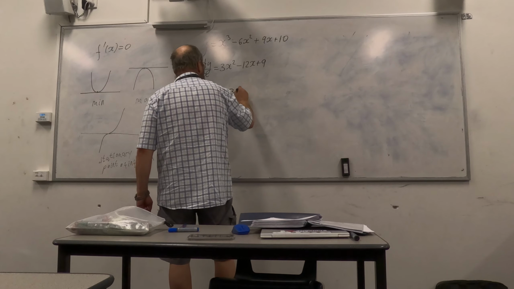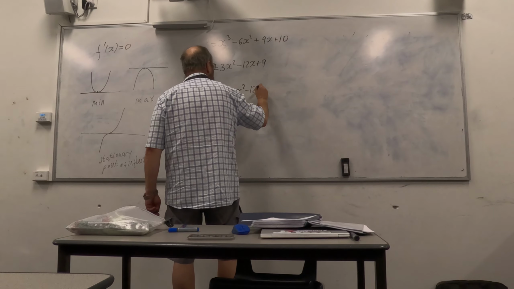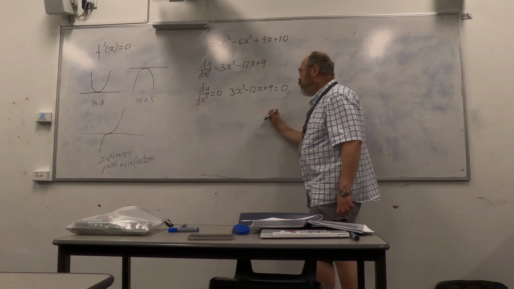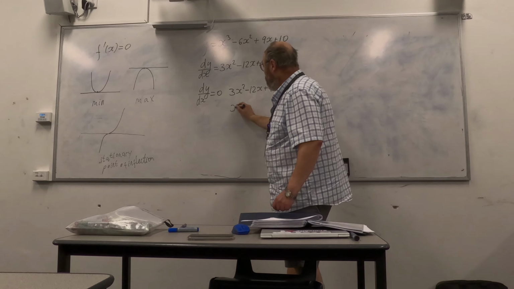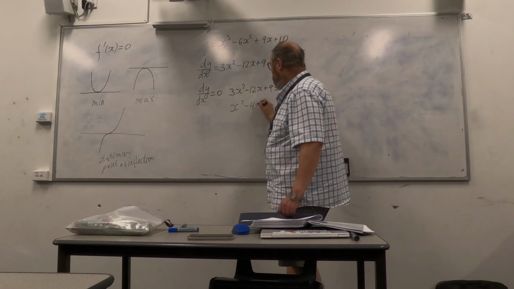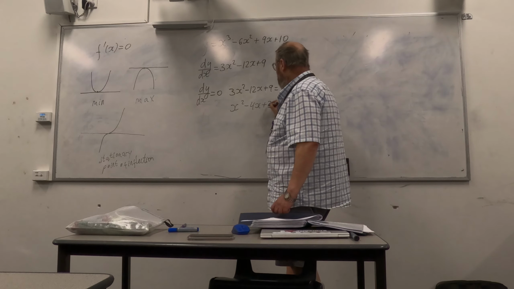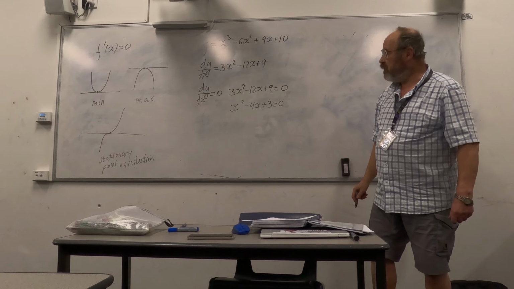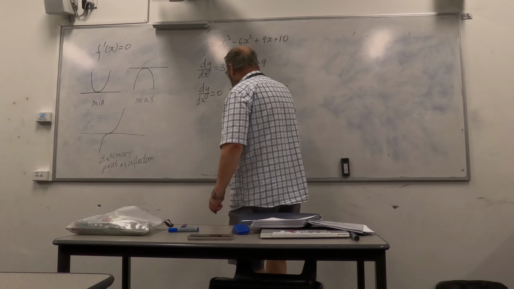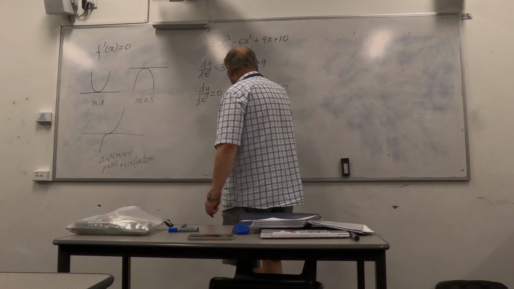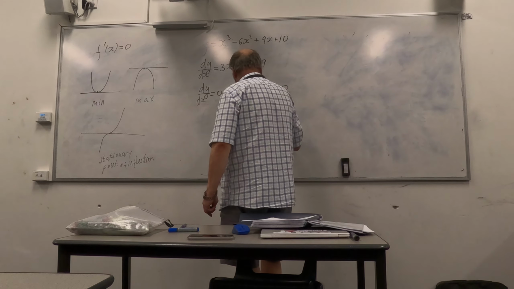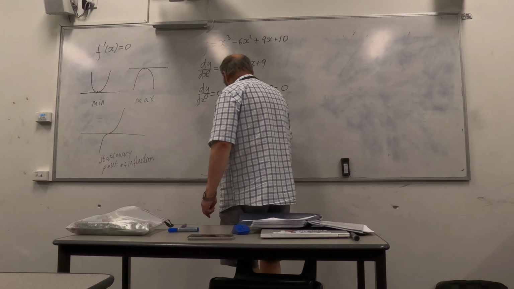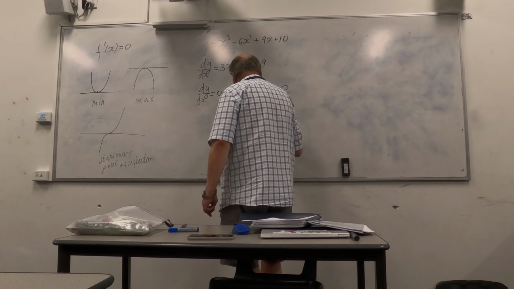We divide both sides by 3 to simplify: x squared minus 4x plus 3 equals 0. Let's factorize: (x minus 1)(x minus 3) equals 0. So x equals 1 or x equals 3.